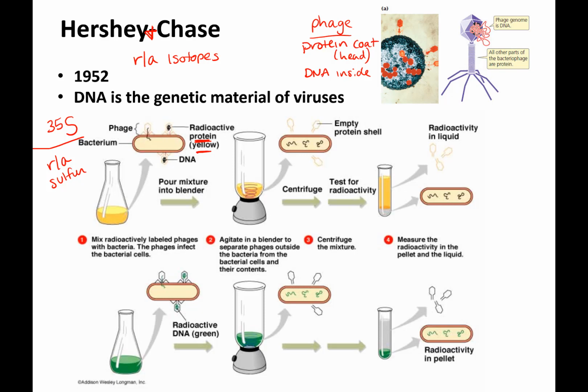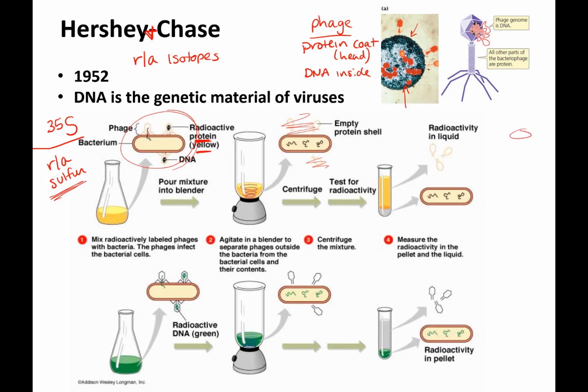So the way a phage works is it binds to a cell and it injects its genetic material into the cell, and more phages are made. So the question was, is it injecting the DNA or is it the protein that's going in to make the new phage? So they radio-labeled the proteins, they allowed an infection to happen, they put it in a blender, which you've got to love that technology, and all of the phage heads, they didn't know at the time, came off.